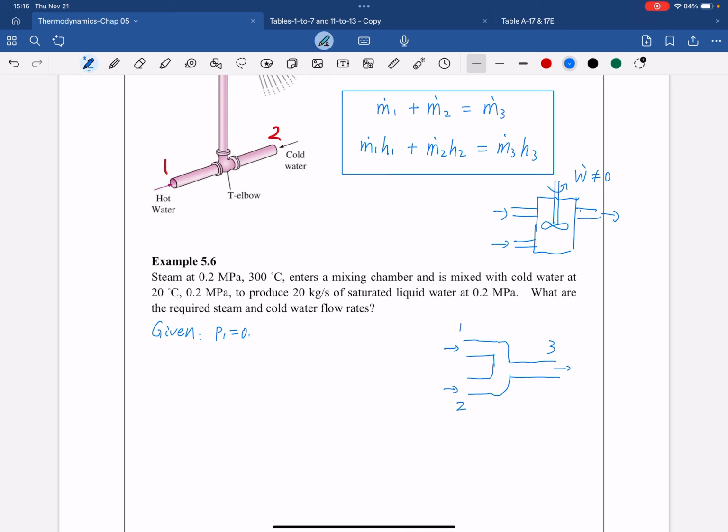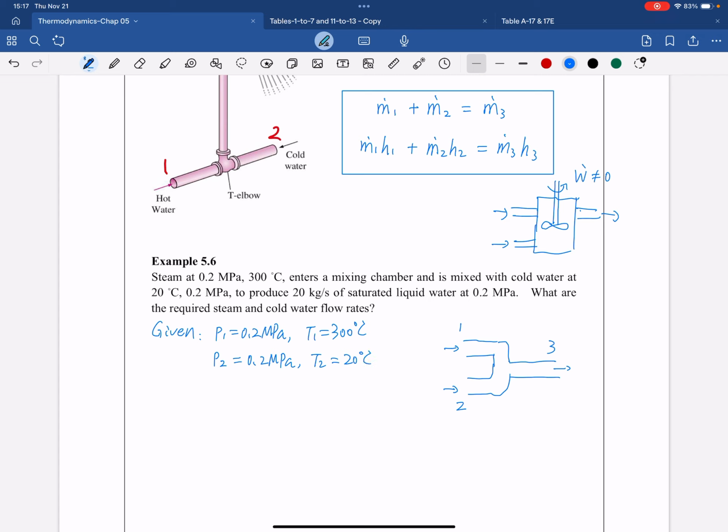P1 equals 0.2 megapascal. T1 equals 300 degrees Celsius. P2 is 0.2 megapascal as well. T2 equals 20 degrees Celsius. This is the cold water.